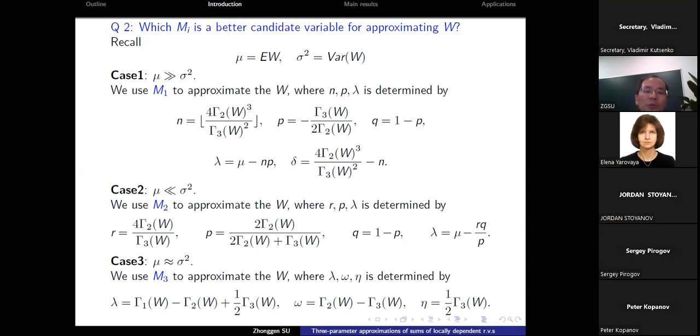So we will state our main result separately. We will consider these 3 different cases below.